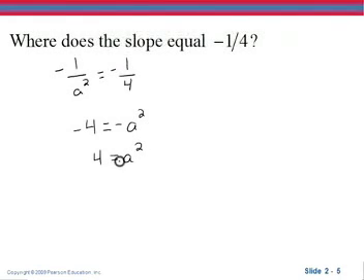Remember, the opposite of squaring a number is taking the square root, so we can take the square root of each side. Remember, when you take the square root of each side, we have to include both the positive and the negative. The square root of 4 is 2, so we include both positive and negative 2, since 2 squared is 4 and negative 2 squared is 4. So where a is 2 and where a is negative 2, our graph will have a slope equal to negative 1/4.